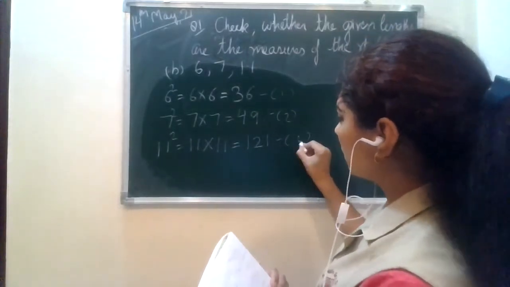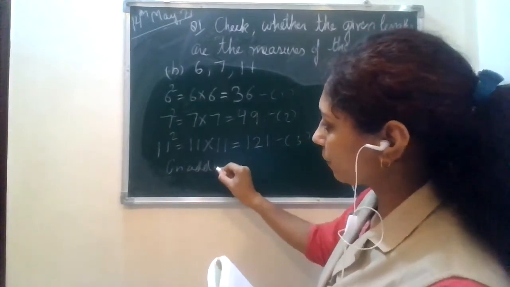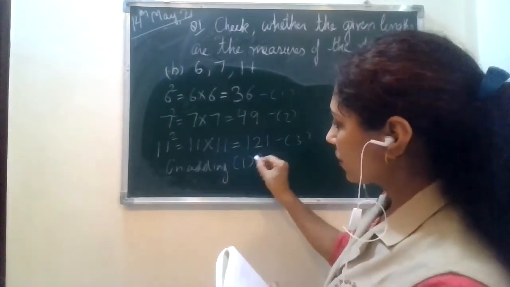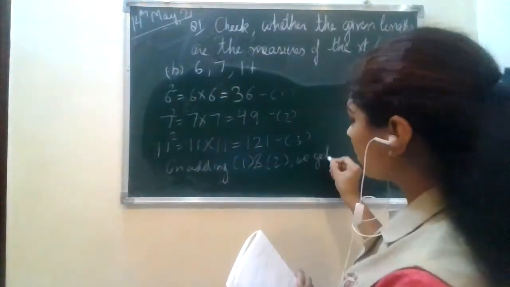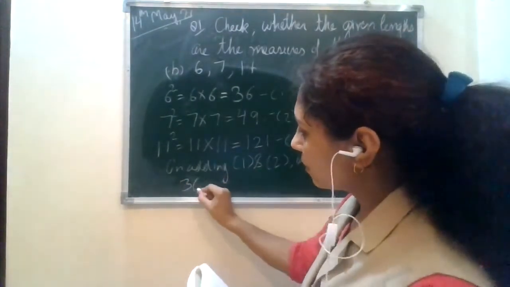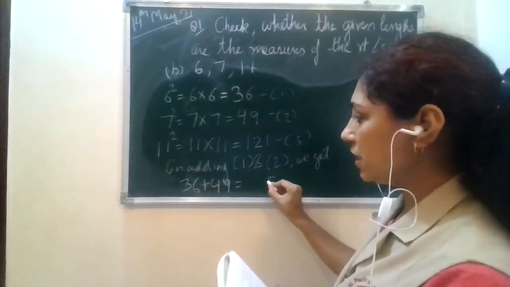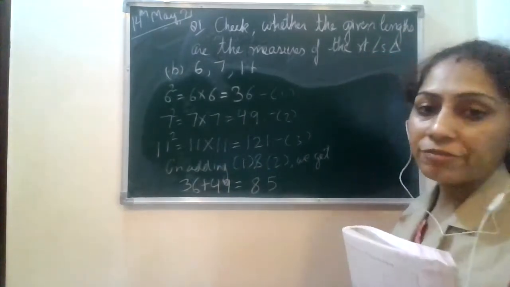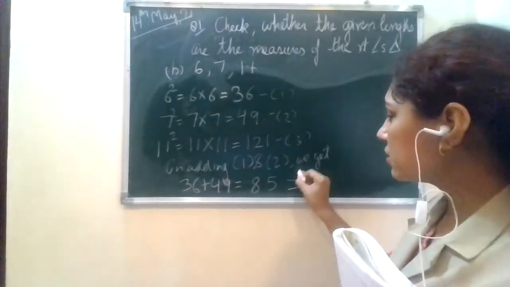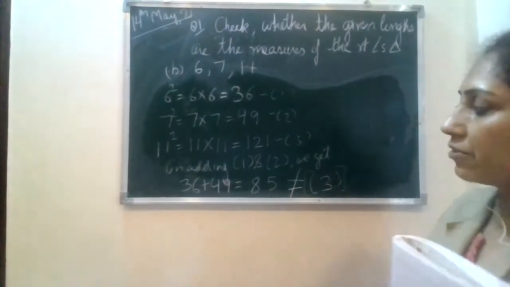This is the third. On adding 1 and 2, what will we get? 36 plus 49. The answer is 85, which is not equal to your result 3.